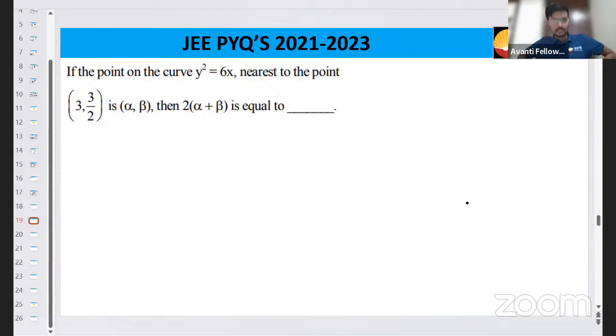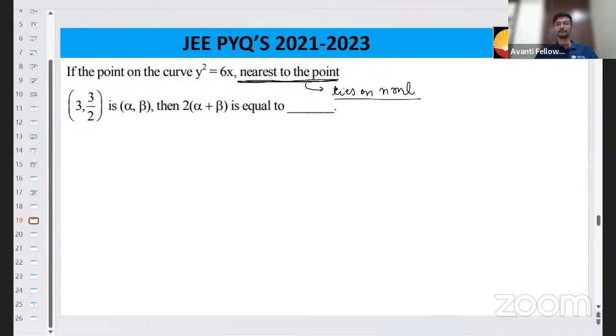If the point on the curve y square equals to 6x is nearest to the point, if you remember, in the last lecture, that means yesterday also, I told you, nearest to the point means the point lies on the normal.